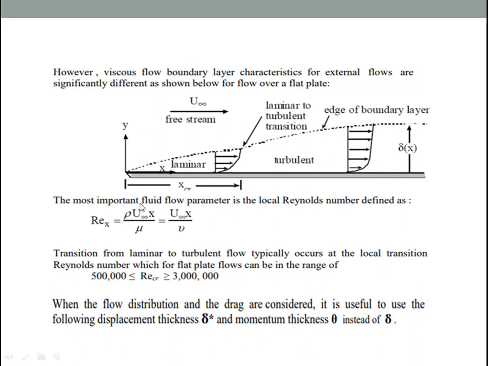The most important fluid flow parameter is the local Reynolds number, which is defined as Re_x. We know that Reynolds number is equal to inertia force upon viscous force.